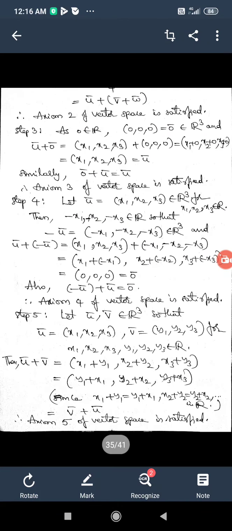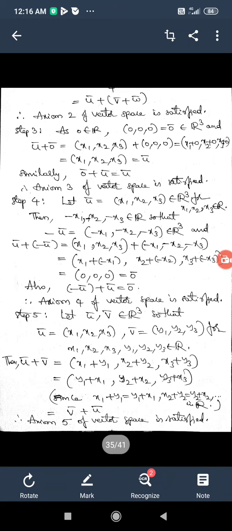Let us take u bar plus minus u bar. We can see that u bar plus minus u bar is equal to x1, x2, x3 plus minus x1, minus x2, minus x3, and this is further equal to x1 plus minus x1, x2 plus minus x2, x3 plus minus x3.